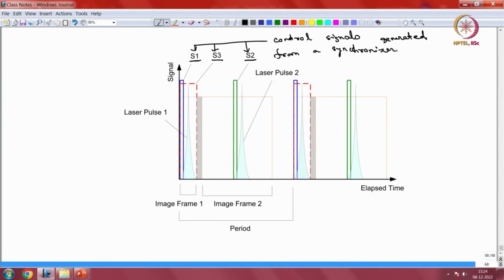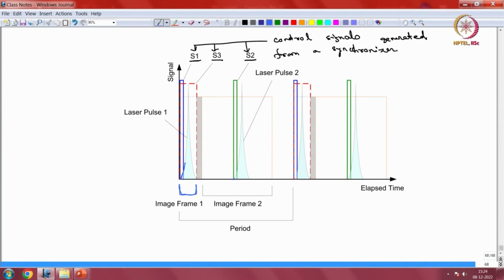Once they are generated, it triggers a laser pulse. So you can see that the beginning of the laser pulse happens when the first signal is triggered, which is basically some voltage that is usually given, and the laser operates. Once the laser operates, then the camera is instructed to take one image. This is an example of a double pulse laser. So you have the first laser pulse being operated, and the camera takes one frame.